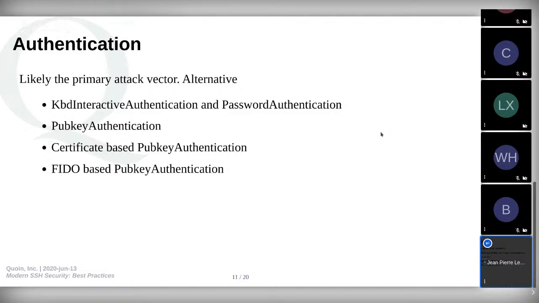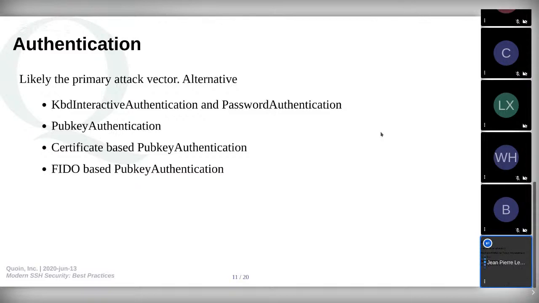So the one that was most common is people, we had unaudited keys, or people that had put both their public and private keys on servers. So some of the alternatives, there's a whole slew of authentication algorithms that you can use. The ones that are most common are the keyboard and password authentication. That's what most people think of.